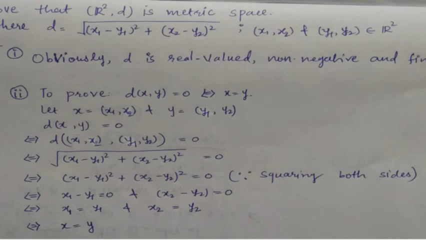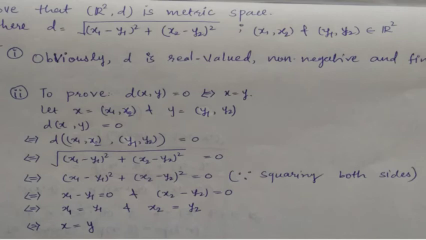Using the definition of the metric, that is d(x,y) is equal to the square root of (x1 minus y1) whole squared plus (x2 minus y2) whole squared, which is 0.